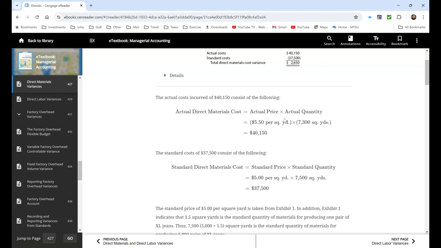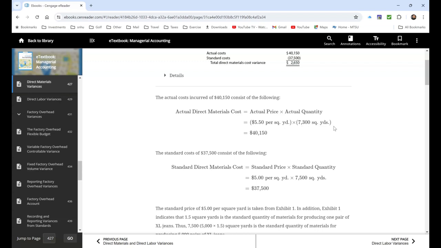Now we're going to do math here, but you can just look and eyeball it and determine that there is a difference, and mainly it is the cost per unit. The actual price was 5.50 per square yard. Our standard was $5. So the majority of this was because we spent 50 cents more per yard than what we budgeted.